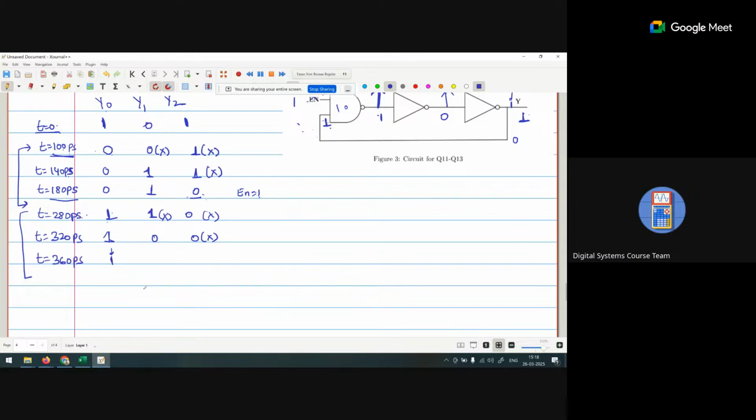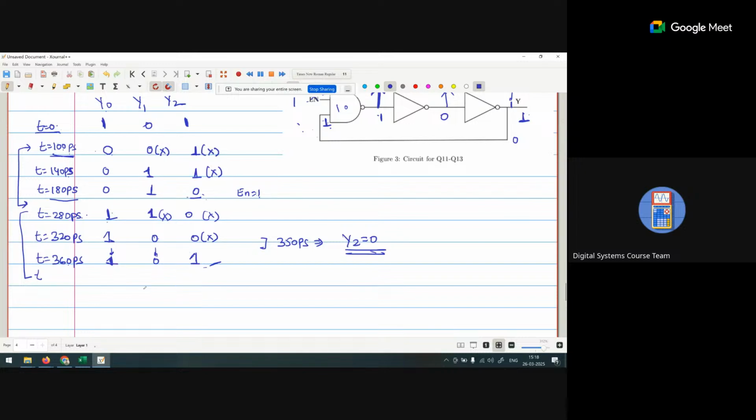This one as it is, this 0 will be as it is. Okay, and because of this one it will change. Now it is a valid condition, but they are asking at 350 picosecond. So what is it at 350 picosecond? Y2 is 0.